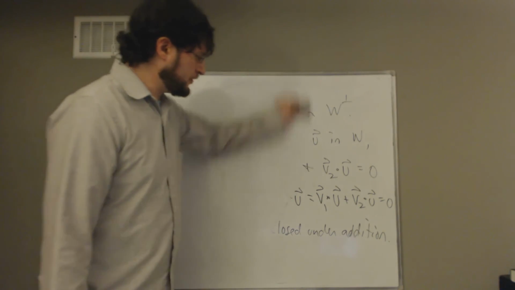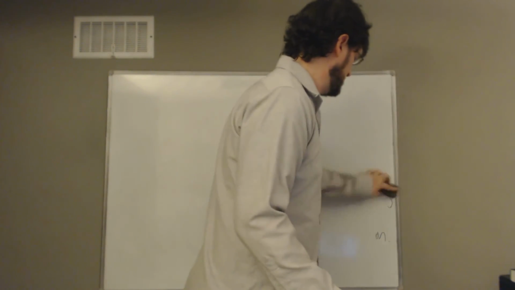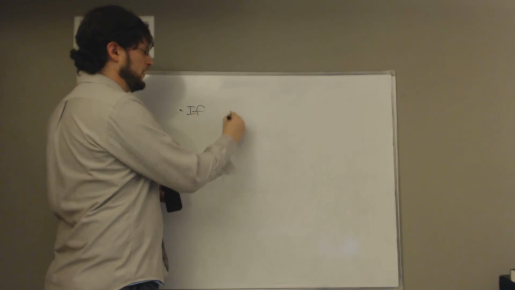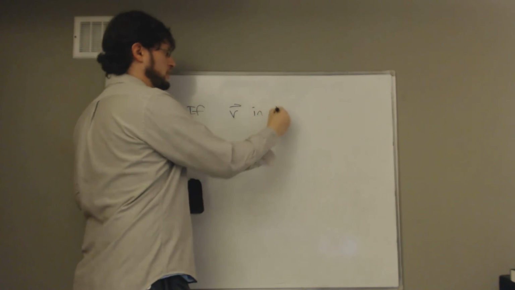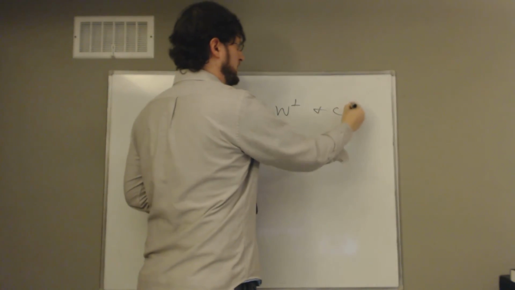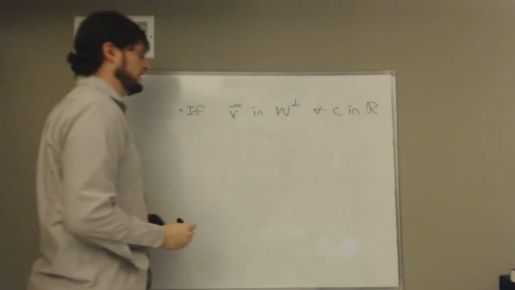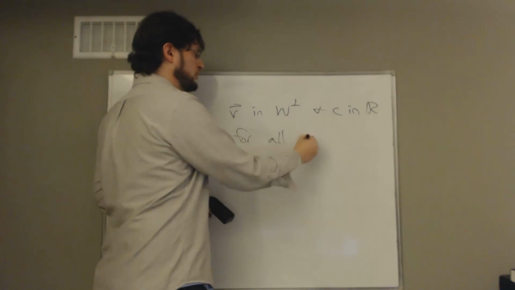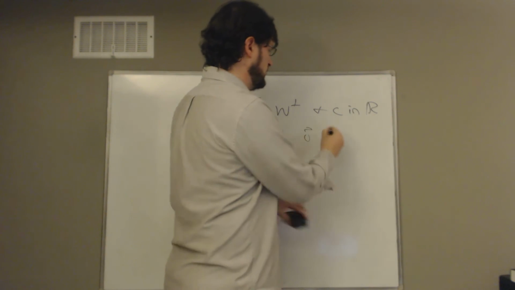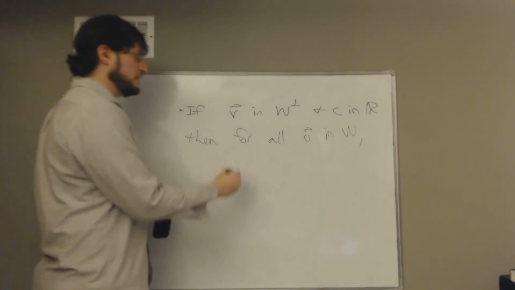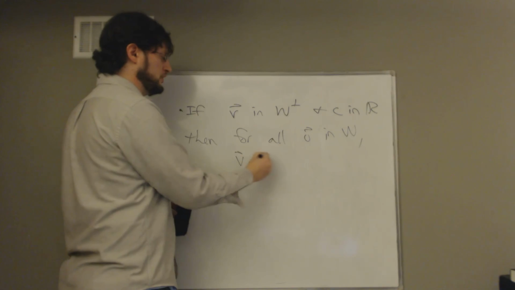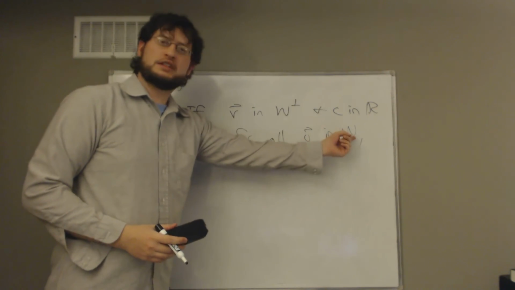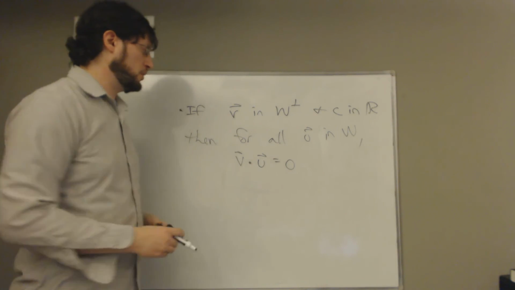Similarly, it's also closed under scaling. If V is in W perp and c is in R, our scaling factor, then for all u in W, by definition, V dot u is 0, because V is in W perp. So for anything that's in W, V dots to 0 with it.